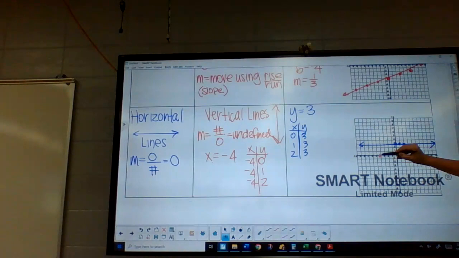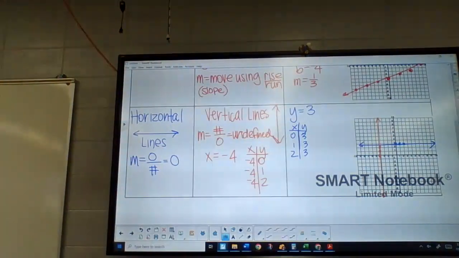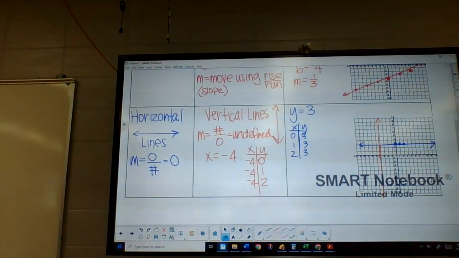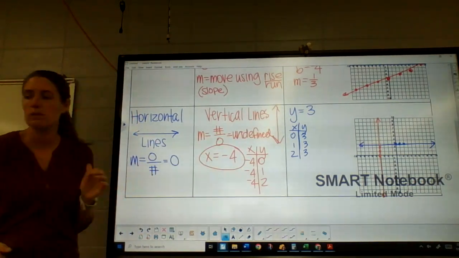So this one ends up being a vertical line straight up and down. So this one's vertical versus the other one, which is horizontal.